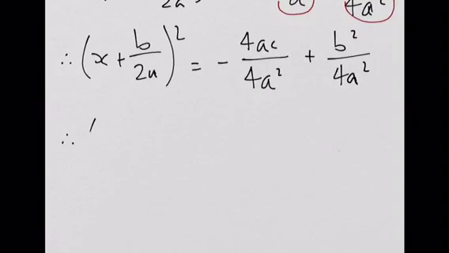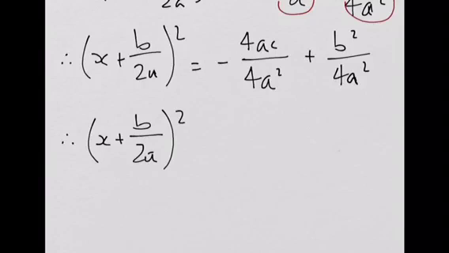So we'll keep the left hand side the same for now, x plus b on 2a squared equals, we can put the right hand side together.